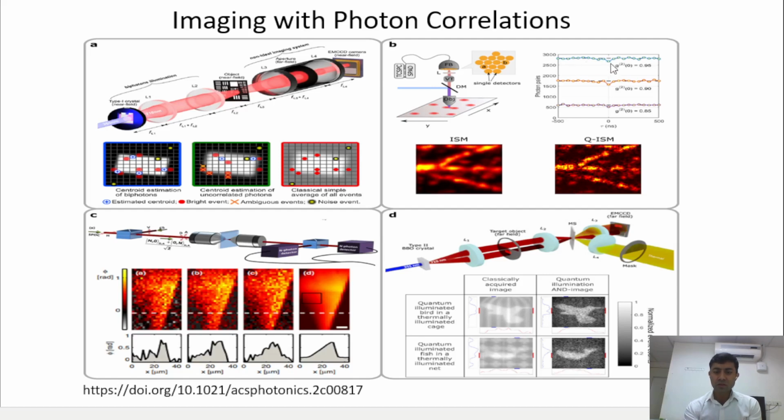Now here the zero delay dip serves as the contrast for this imaging, and we can clearly observe that as compared to generally used scanning microscopy, this quantum scanning microscopy can give much better imaging resolution and contrast enhancement.